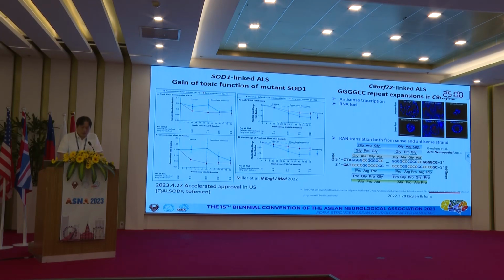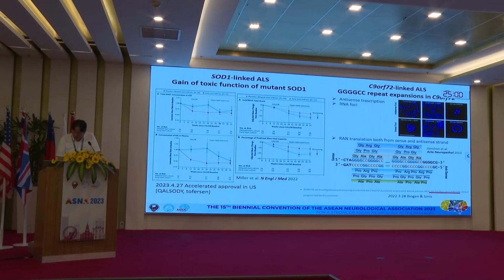The primary endpoint was not satisfied, but there was a decrease in the CSF biomarker neurofilament light chain, and a tendency toward decreased progression in the drug group versus the placebo group. This drug, tofersen, gained accelerated approval in the US.